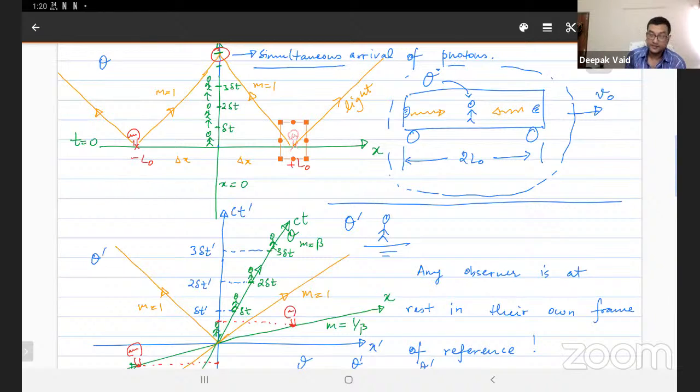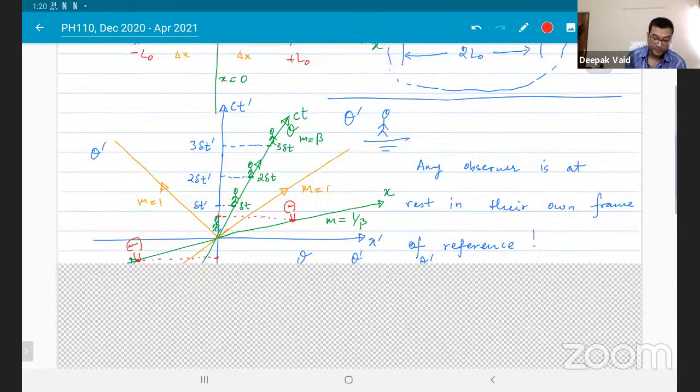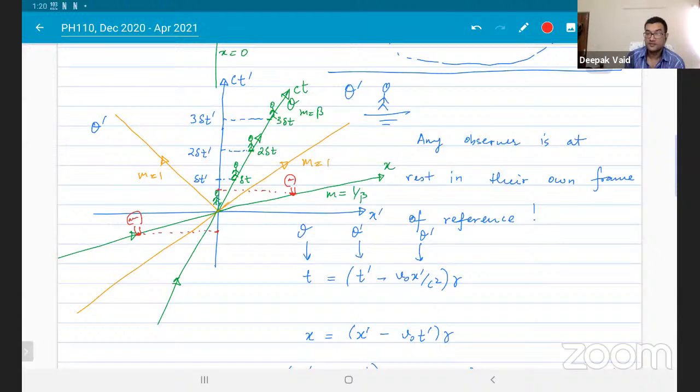But as seen by O prime, will these 2 events be simultaneous? No. There will be some time interval between these 2 points, which will be given by some delta t.